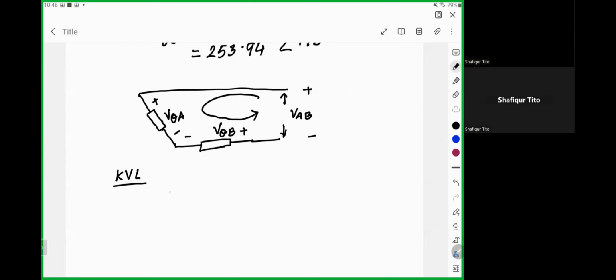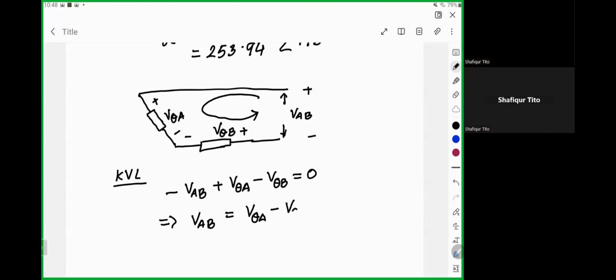So minus VAB, V theta A, V theta B, very good. That is equal to 0. So then I can simplify: VAB is equal to V theta A minus V theta B.